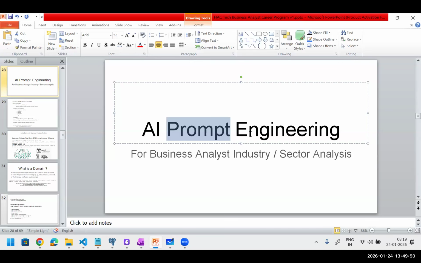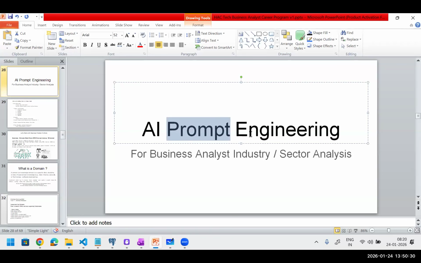If you give the same input again and again in the same chatbot like ChatGPT, it will give you different results, not consistent results. Why? Because you're not following a properly structured way of inputs. Simplifying: prompt engineering is all about structured inputs. If you provide structured inputs to the application, then it gives the results in an expected, predictable way.